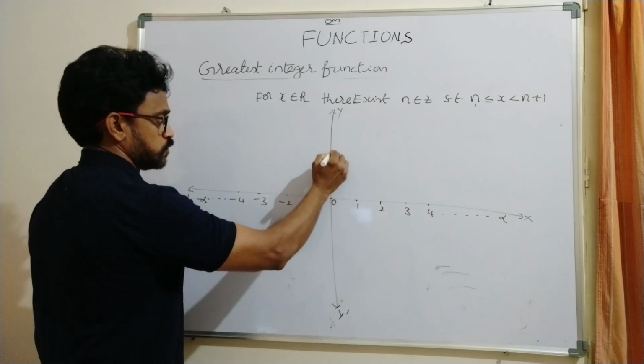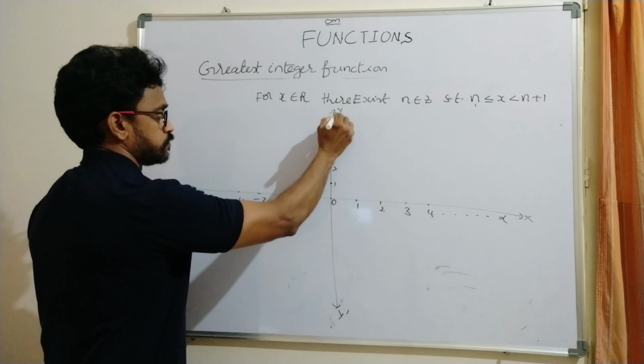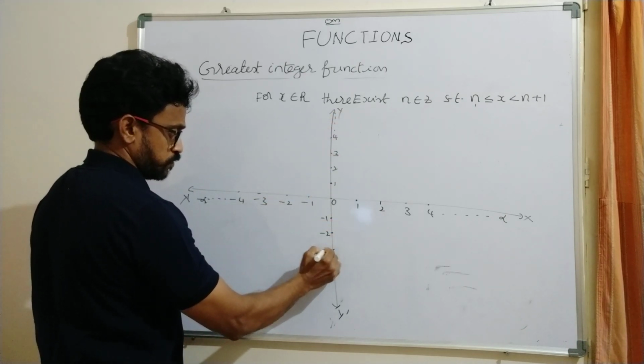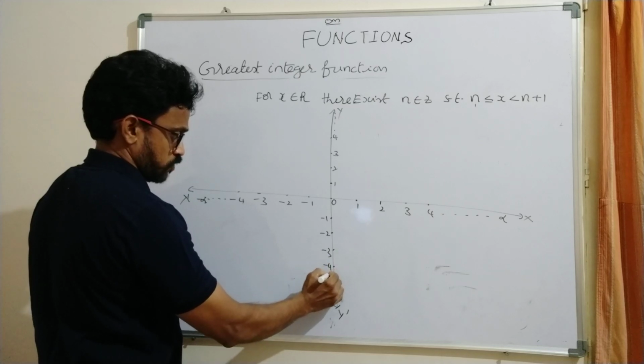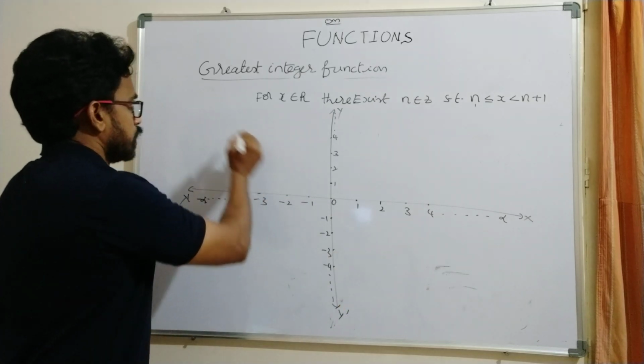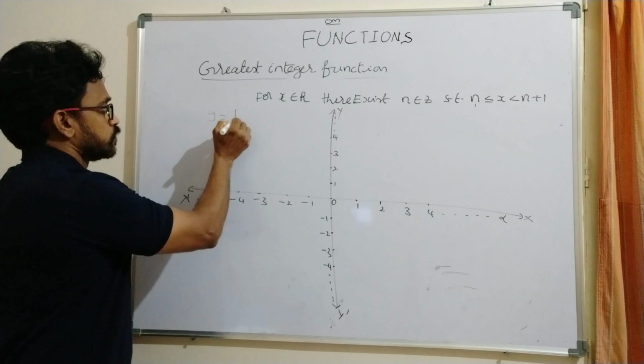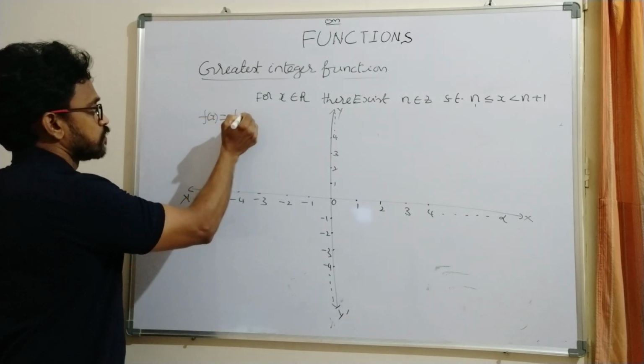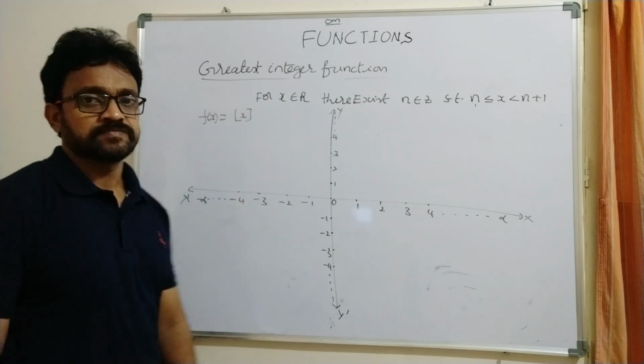On the y-axis, 1, 2, 3, 4 and minus 1, minus 2, minus 3, minus 4 and so on. Let y is equal to step x, or f of x is equal to step x.